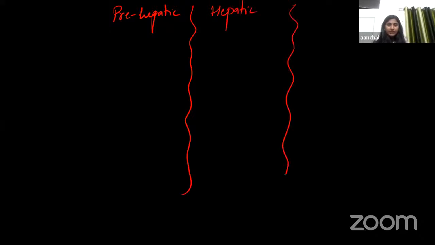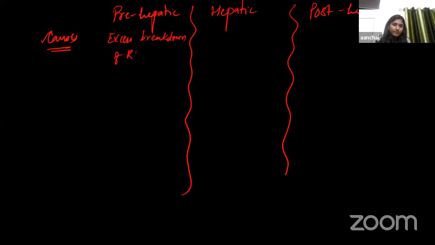So we have prehepatic, hepatic, post-hepatic jaundice. And we're going to learn the difference. So first we're going to learn causes. As we have seen, in prehepatic, the cause is due to excess breakdown of RBC.